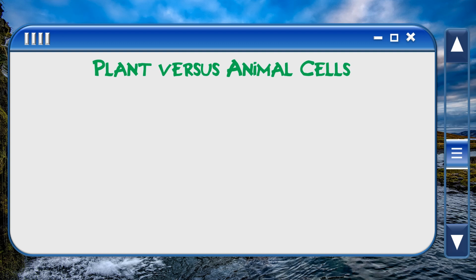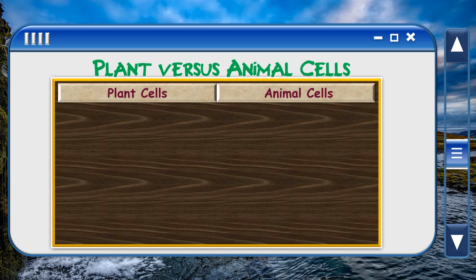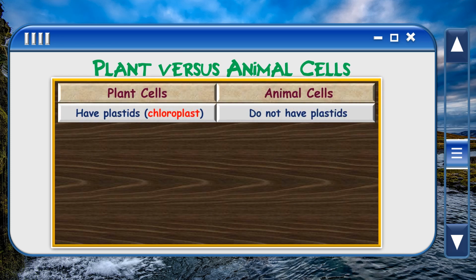Plant versus animal cells. Let's look at the plant cell and animal cell. Plant cells have plastids, or what we refer to as chloroplasts.